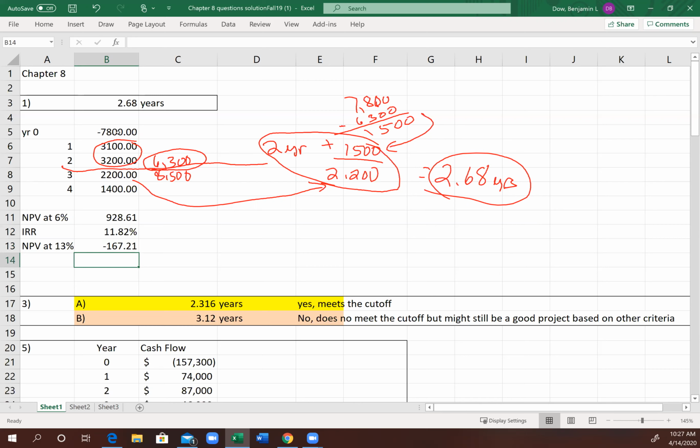So I know the payback period, and it's real easy to calculate things like IRR and NPV, even though the problem doesn't ask for it. All right, number 3 says calculate the payback period for each of the 2 projects.